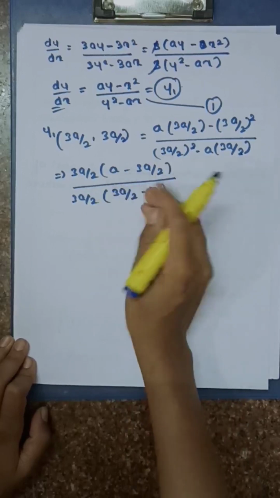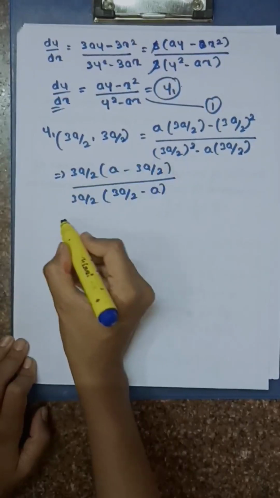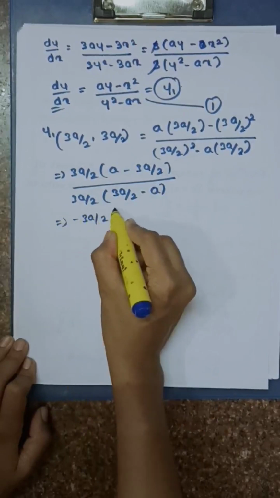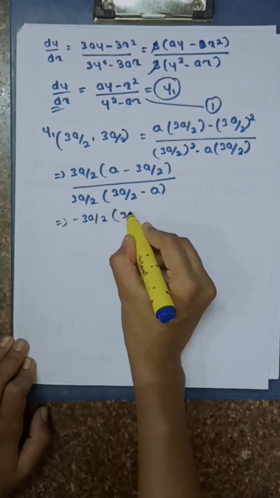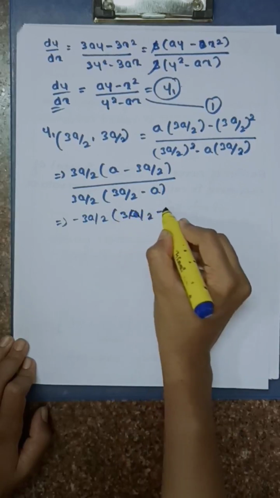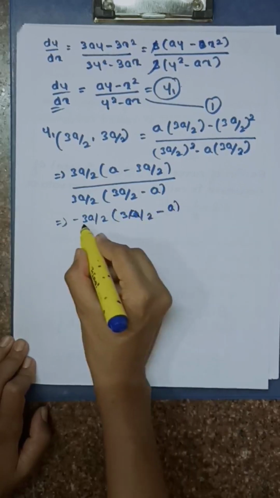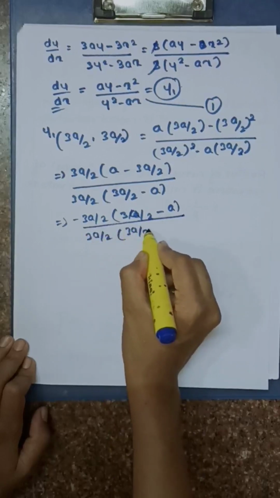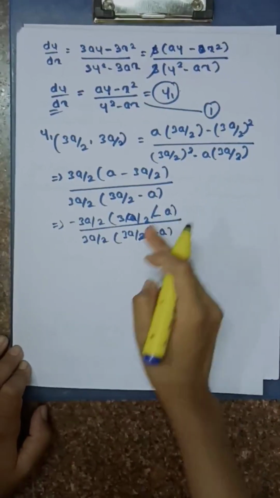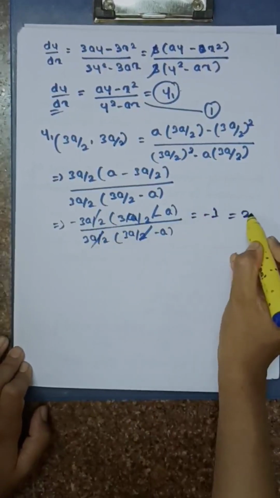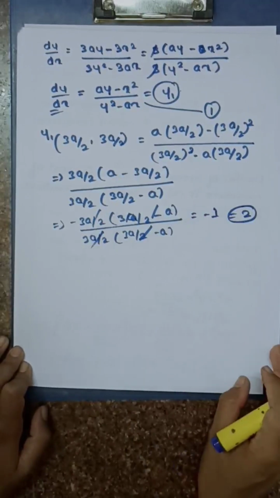We do some conversion in this equation, multiplying by minus 3a by 2, so the equation gets converted into (3a by 2 minus a) divided by (3a by 2 minus a) with a minus sign, these cancel, minus 1. We call this equation number 2.